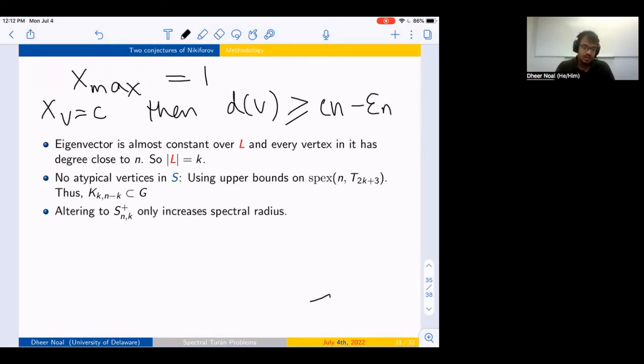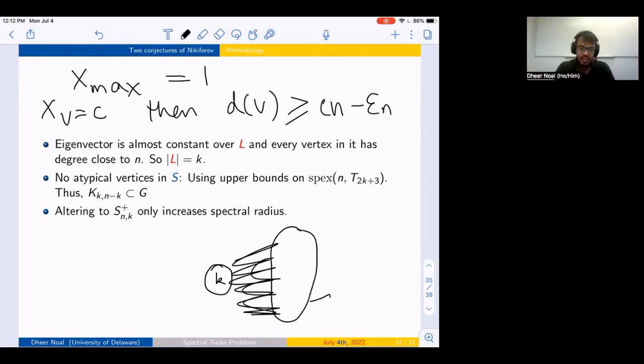So now we know that we have some subset of k vertices over here, which has a huge common neighborhood. And now it comes down to showing that this common neighborhood has size n minus k, just basically saying that there can't be some vertices which are adjacent to only a portion of L, but not to the others.